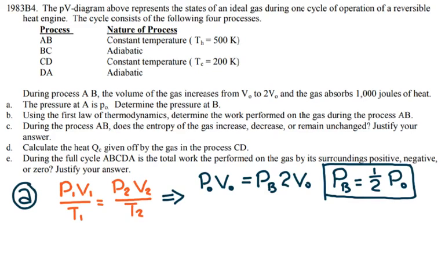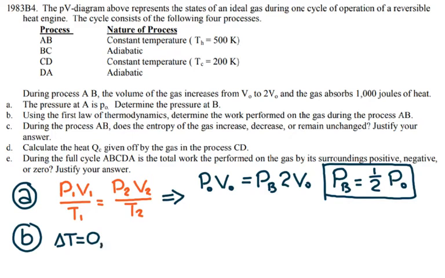For B, they ask, using the first law of thermodynamics, determine the work performed on the gas during the process AB. Because it is an isothermal process, change of the temperature is equal to 0.